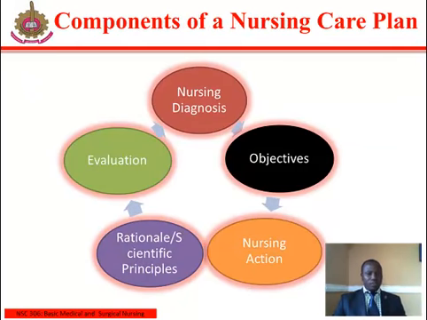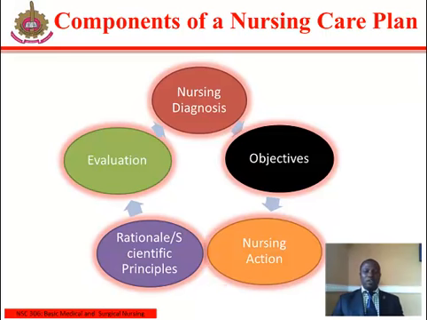Components of nursing care plan. The care plan is divided into 5 parts, namely the nursing diagnosis. This is a brief statement of the patient's response to his actual or potential unhealthy situation that nursing can help change. The statement should be a standardized nursing diagnostic category.